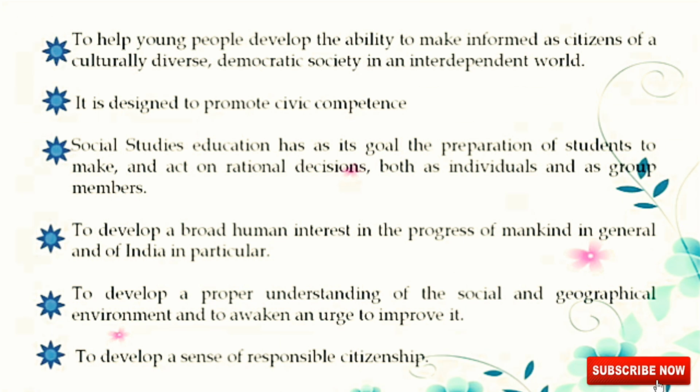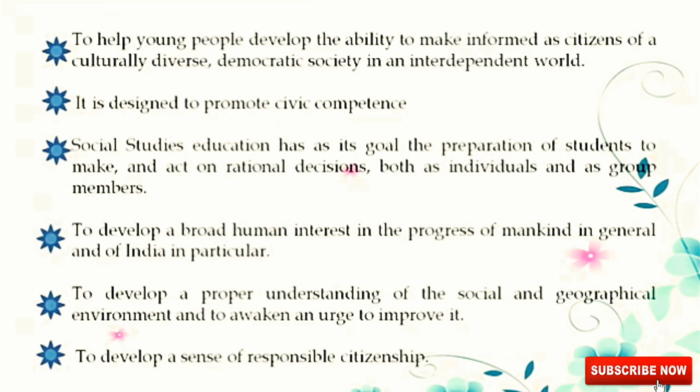Apart from that, social science education has as its goal the preparation of students to make and act on rational decisions both as individuals and as group members, to develop a broad human interest in the progress of mankind in general and of India in particular, to develop a proper understanding of the social and geographical environment and to awaken an urge to improve it.